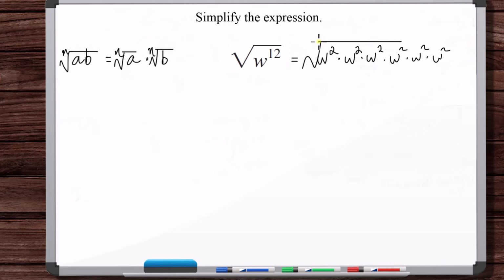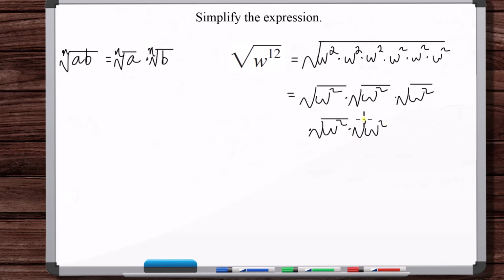That's completely valid. And then with this product property, we can separate this out. Now, what is the principal square root of w squared? Well, we know that that is the absolute value of w.